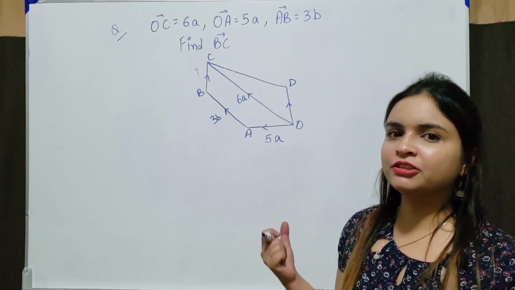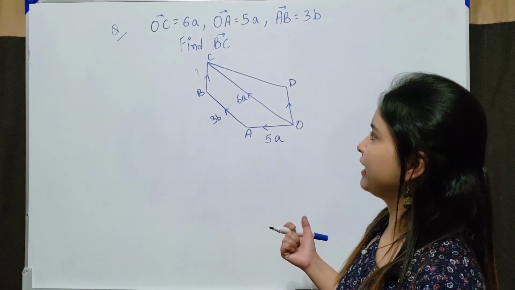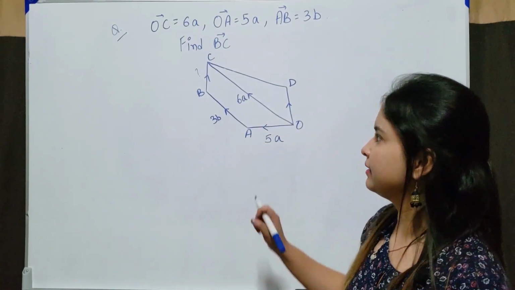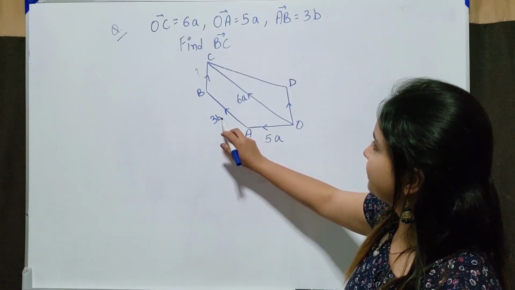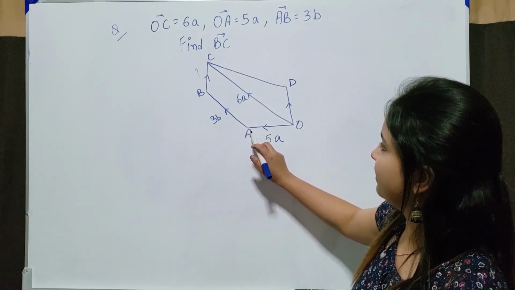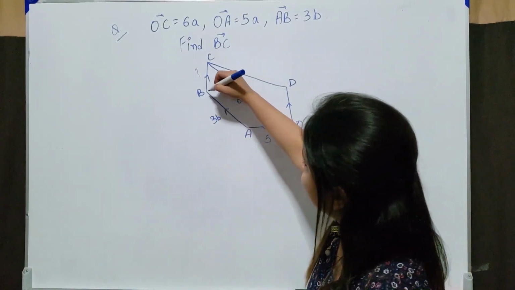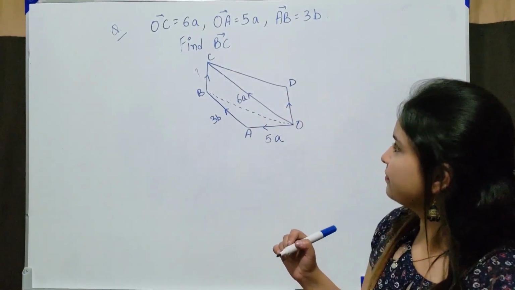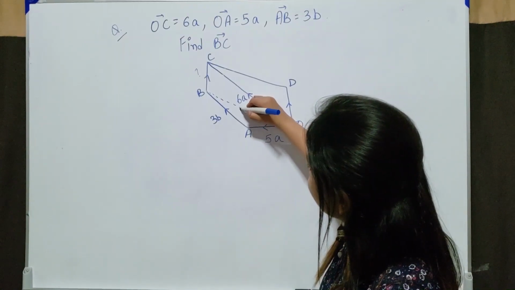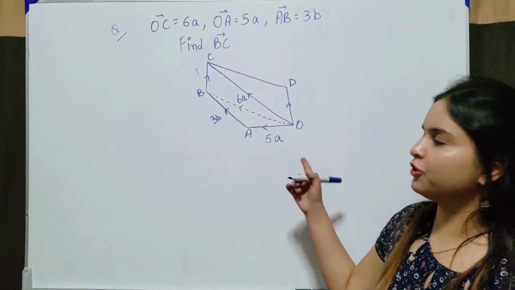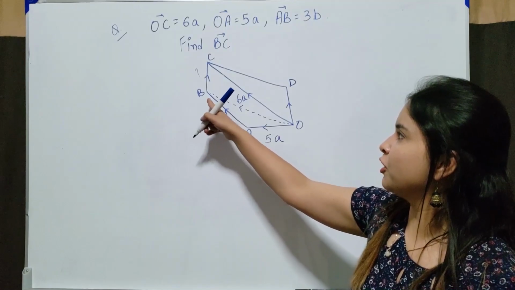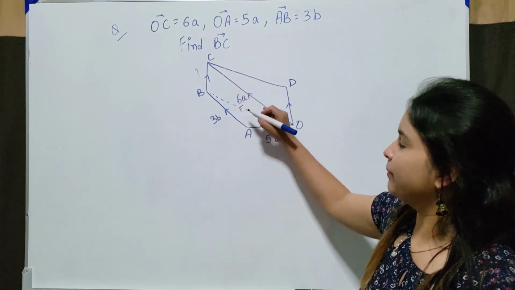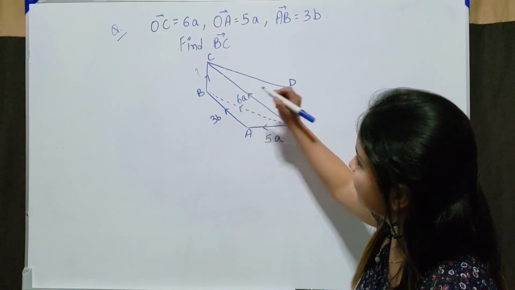In order to find any particular vector, we first need a triangle to use the triangle method. If you look at this triangle AOB, I will join OB first, and I can draw this arrow. It's up to you, you can draw from O to B or B to O. Suppose I join OB and my direction is like this.